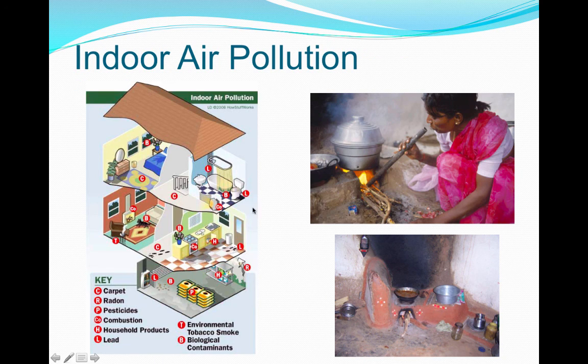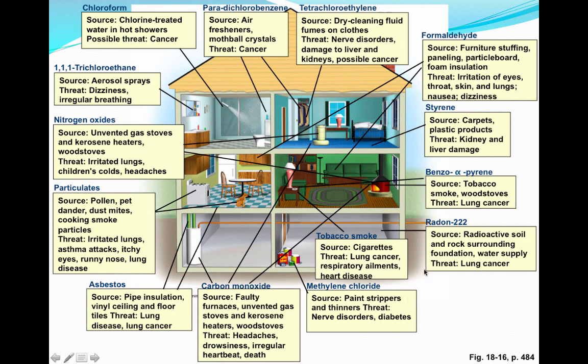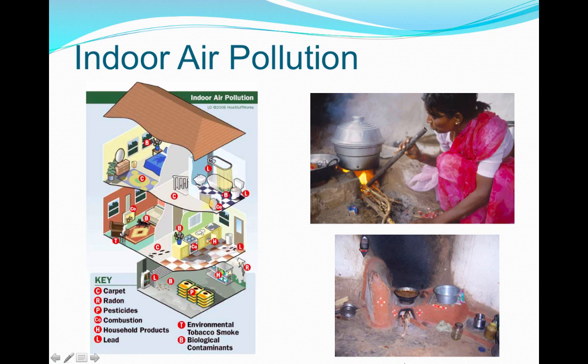Here are some examples of indoor air pollution in the developed world on the left and in the developing world on the right. Look at the back of this wall where they cook. If that's the way the back of the wall looks, you can only imagine what their lungs might look like. And then here are all the things that you're exposed to in your house. If you're wondering how to reduce this, get people to start cooking outside if they feel unsafe doing that.